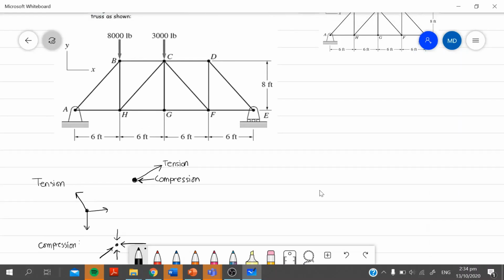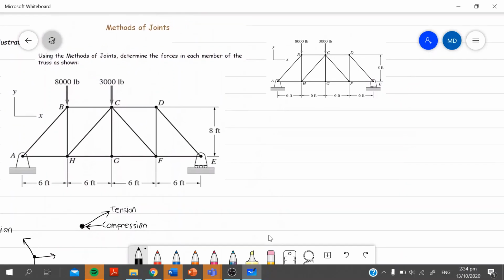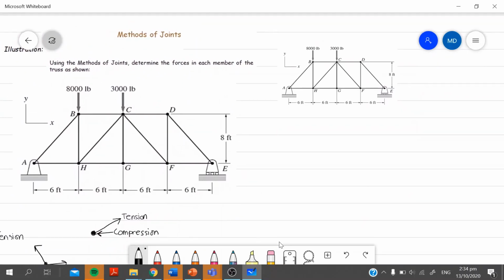Now, for us to solve the truss, the first step would be solve for the reaction. Okay? And then in order for us to do that, let's look for the supports. So the support at A is a hinge of which the present forces are vertical resistance as well as the horizontal resistance.